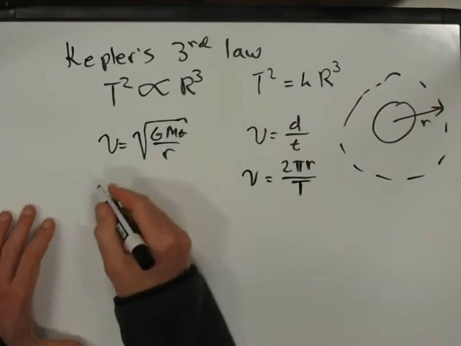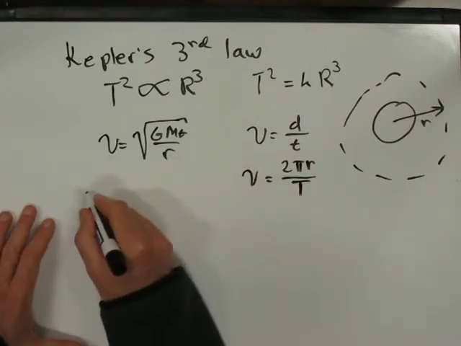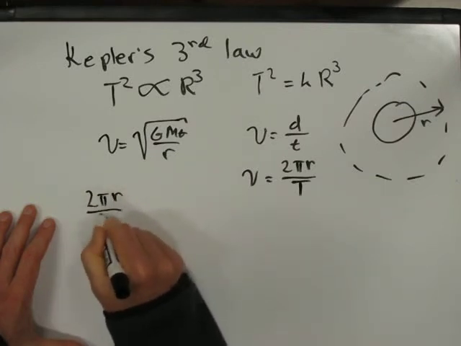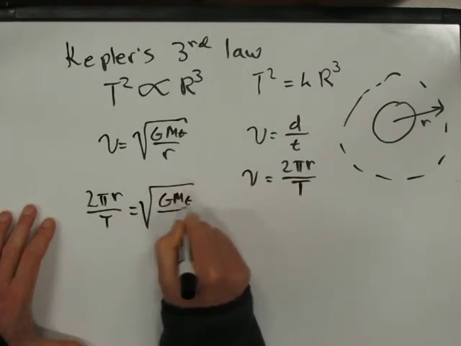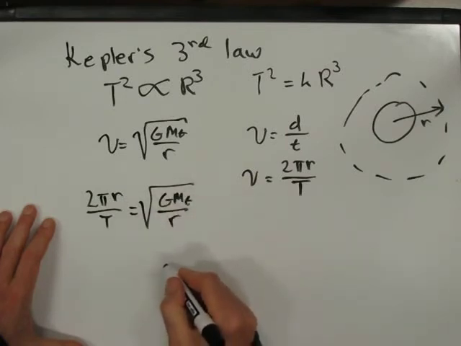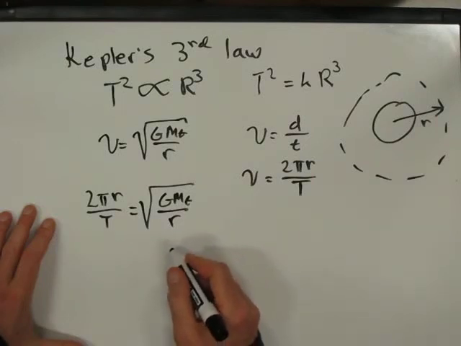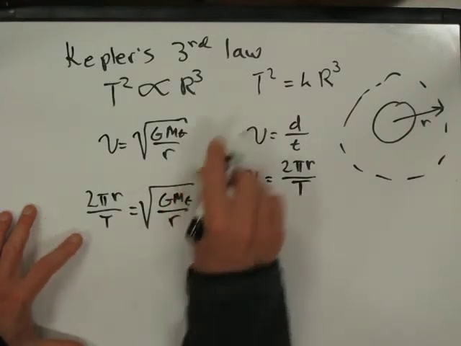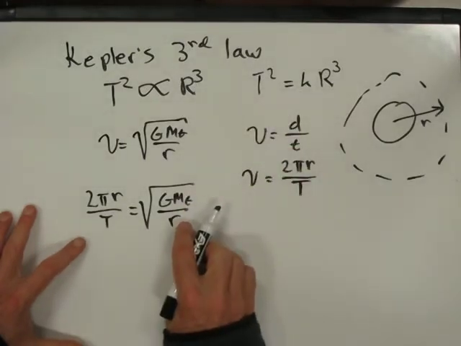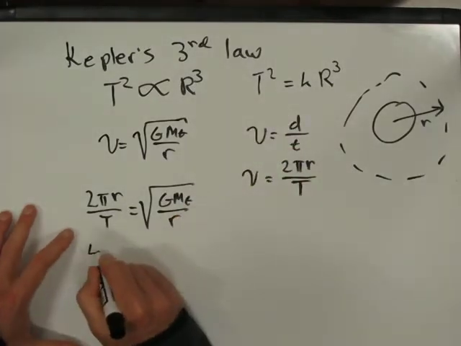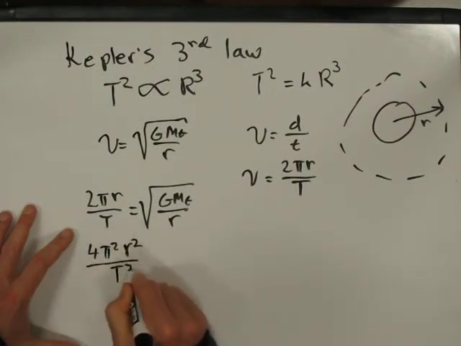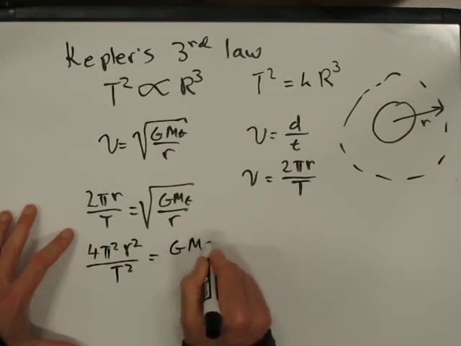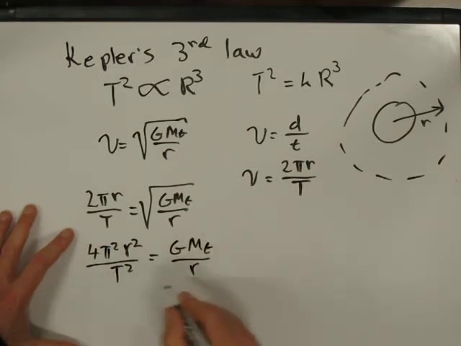And so if I wanted to write this with those terms, I could say 2 pi r divided by the period is equal to the square root of G times the mass of the Earth divided by the radius, right?